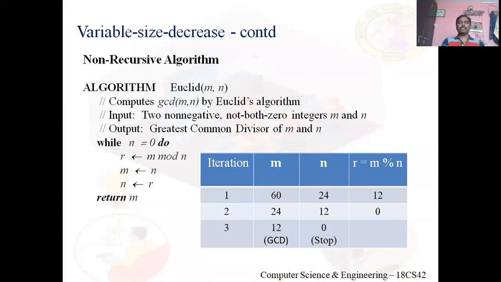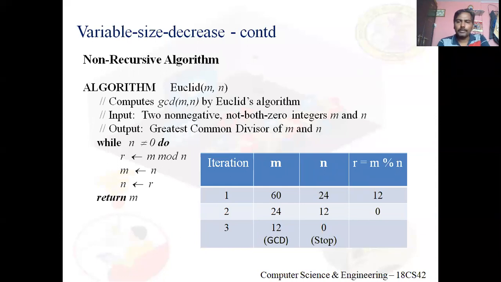This is a non-recursive algorithm. Initially, let me check whether the given input n is 0. If it is not 0, then look at iteration 1: n is 24, which is not equal to 0. So I compute the remainder by dividing 60 by 24.